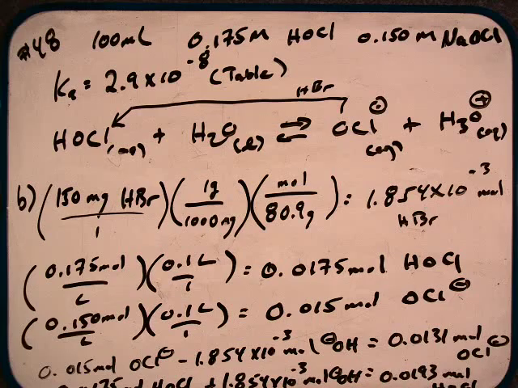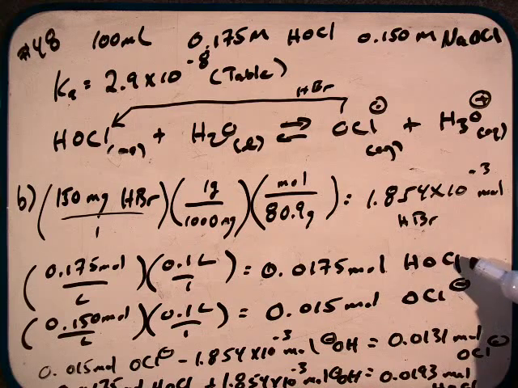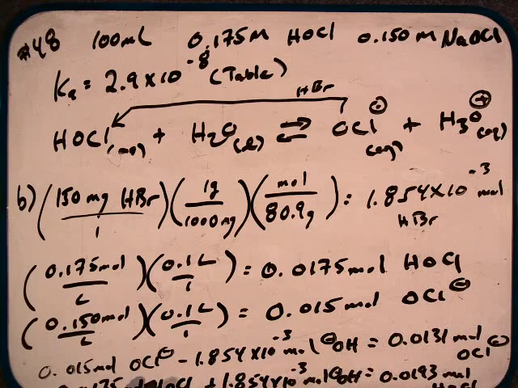So again, we just converted our parent acid and our conjugate base into their mole forms, and since the addition of HBr is reacting with OCl⁻ to form HOCl, that's why we subtract that amount of hydroxide from OCl⁻ and we add that amount to HOCl.